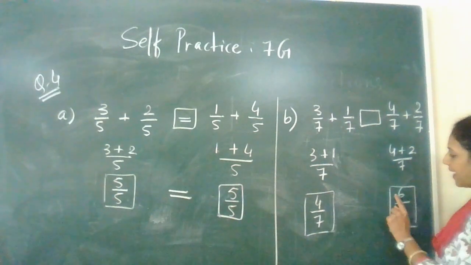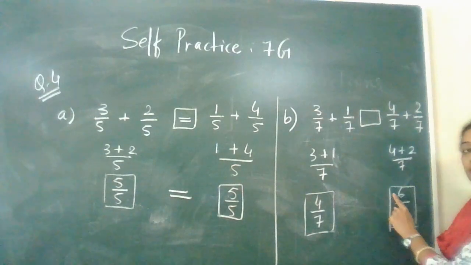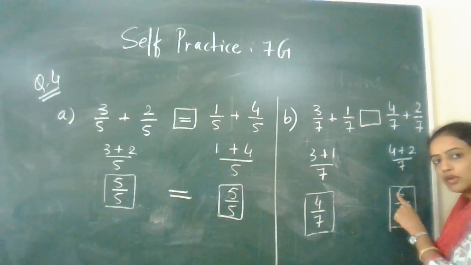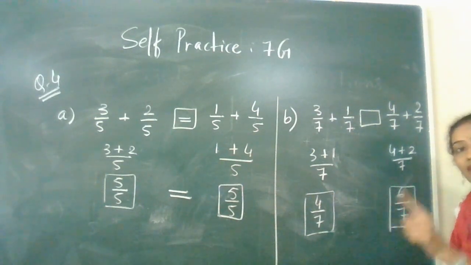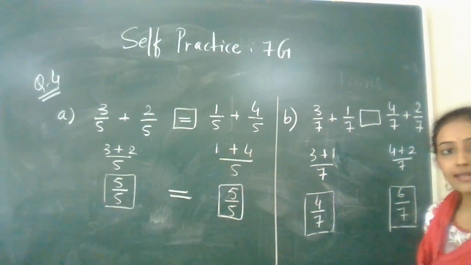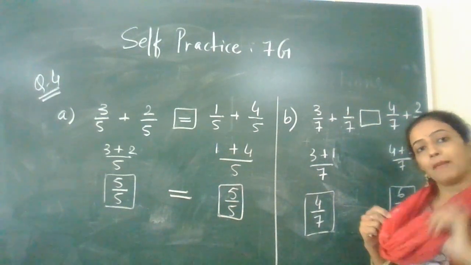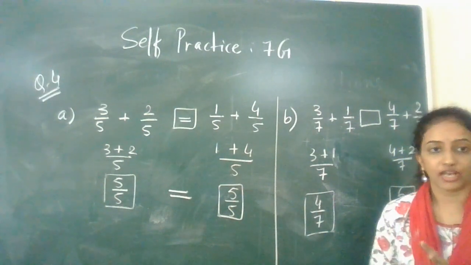We have to compare the numerators. In like fractions, whichever numerator is bigger has the bigger value, and whichever is smaller has the smaller value. But if you have unlike fractions to compare, then you have to think opposite. So you have to go back and remember the rules of comparing like fractions and unlike fractions.